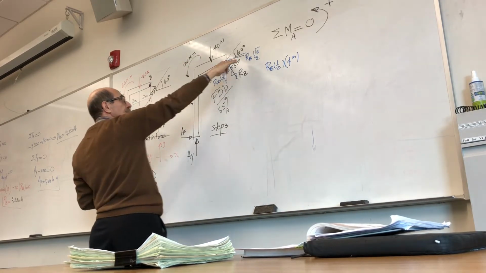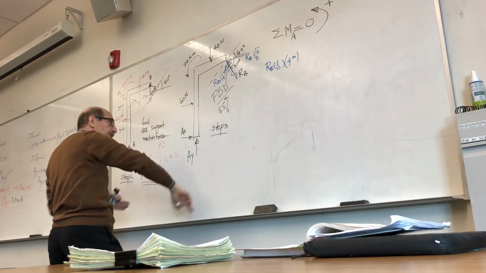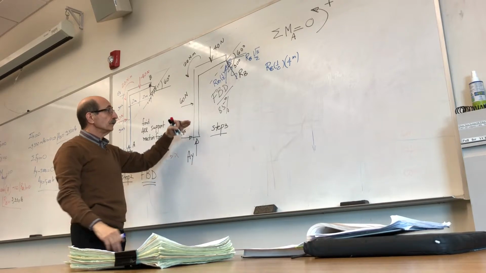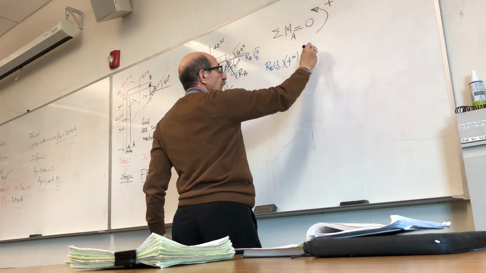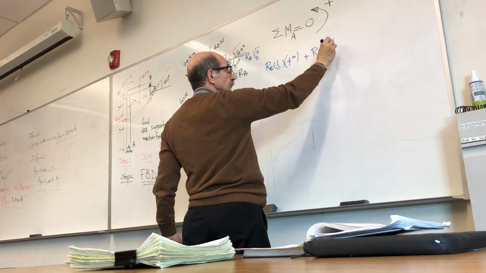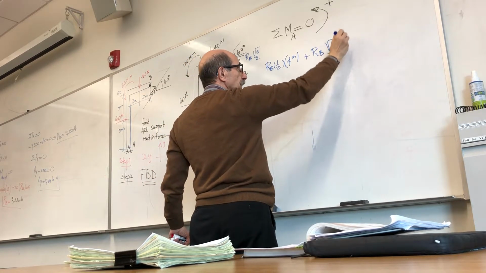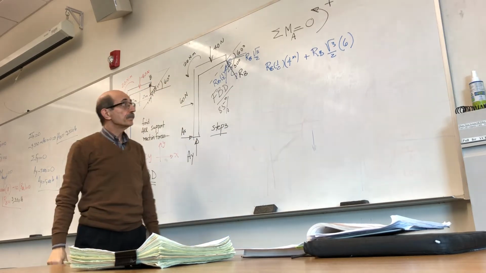Positive. This force also rotates positive about point A. Vertical distance is 6. So you have plus RB square root 3 over 2 times 6 meters.